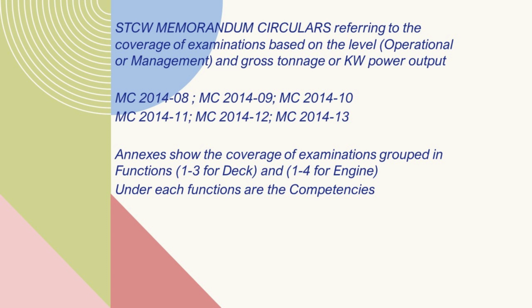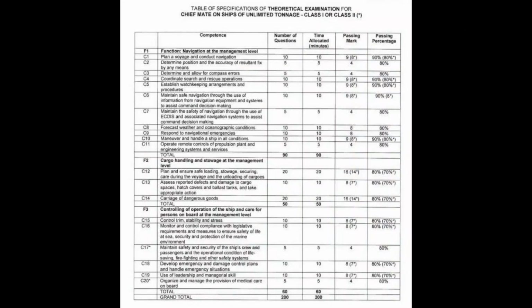These are the original transitory circulars issued in 2014. They cover all the operational and management level through gross tonnage or kilowatt power output. The other MCs are also for the support level.